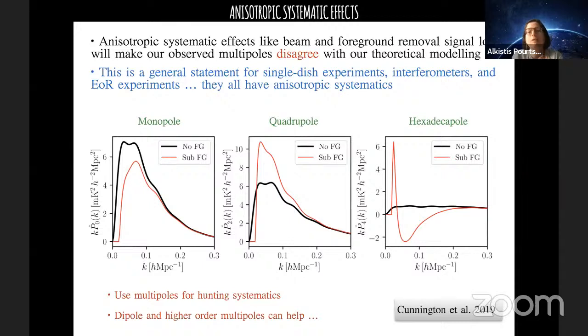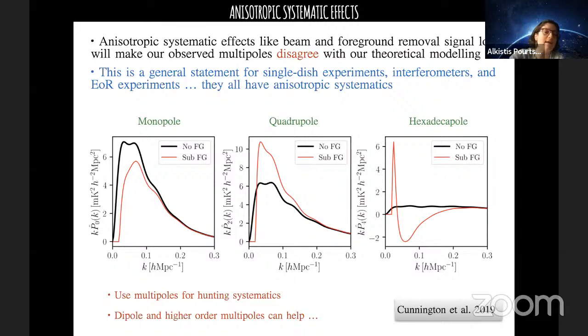They are also relevant for interferometers, because in interferometry, you again have directionally dependent systematics, not least because of foreground removal, and for the same reasons also for Epoch of Reionization experiments.